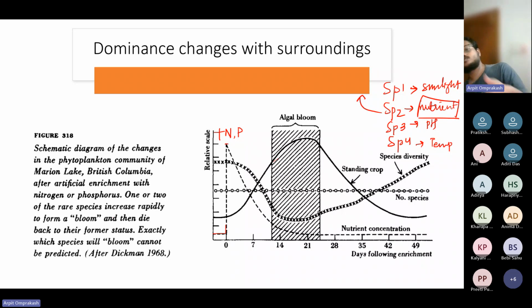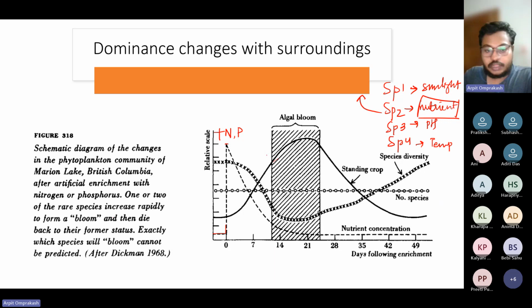So initially there was no phytoplankton species dominating, but after a point we see that this species was then dominating the community. And after some time, as the nutrient concentration tends to decrease, these species once again started to compete with each other, and the resources got limiting, and thus the abundance of this species also tends to decrease.